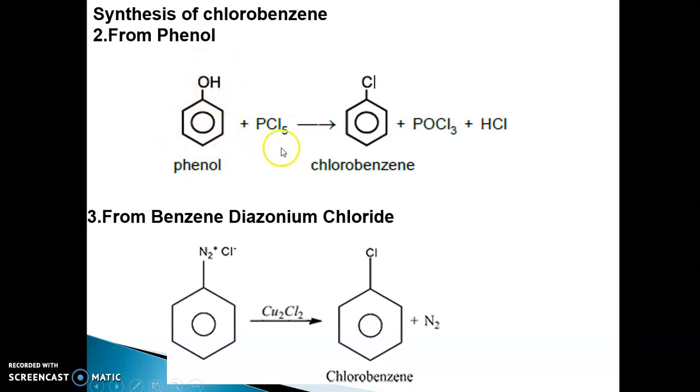Phenol on reaction with PCl5, phosphorus pentachloride, has its OH replaced by a Cl atom, and we get chlorobenzene with the removal of POCl3 plus HCl.